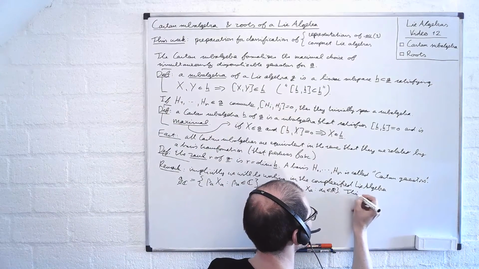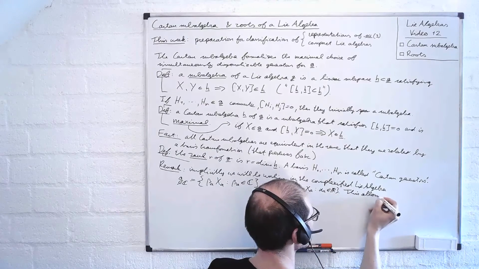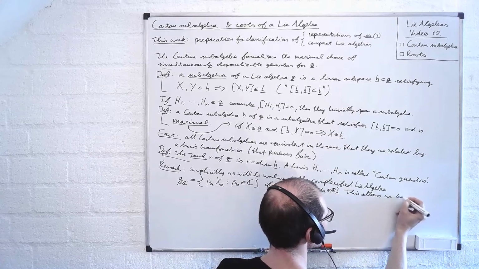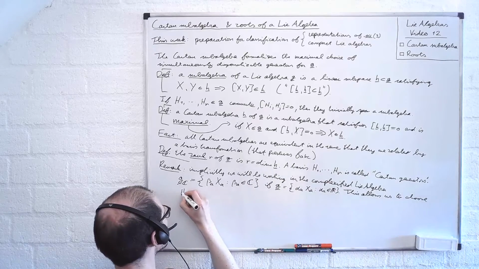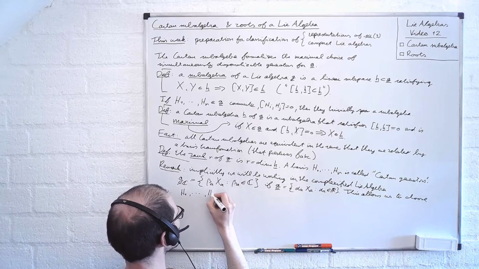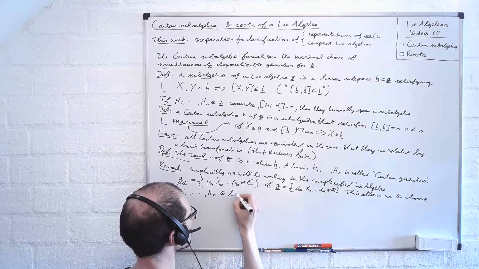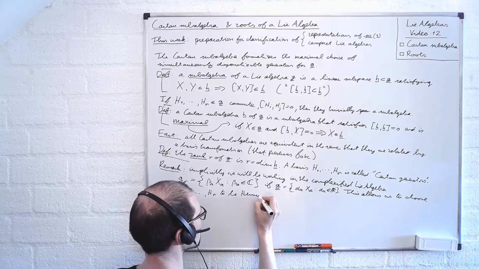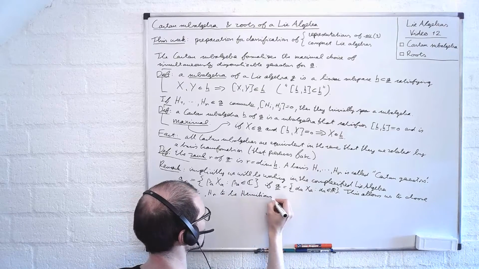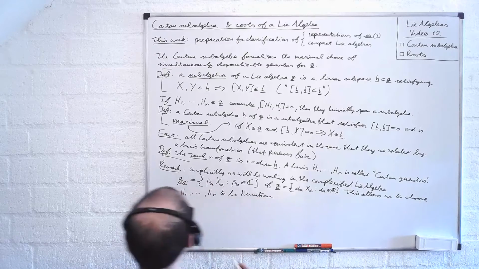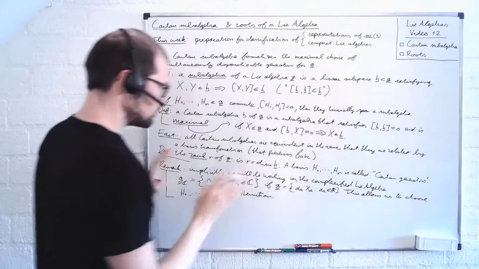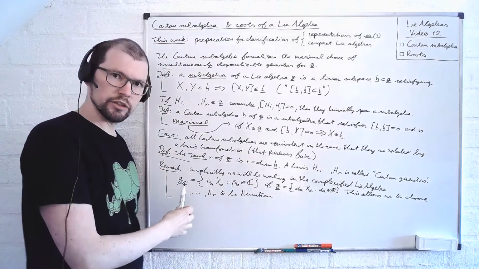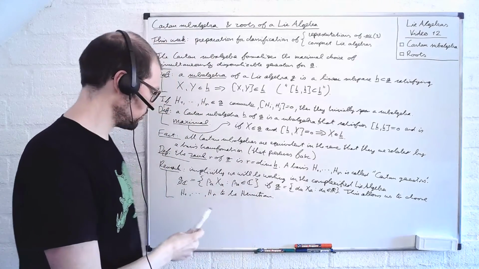This allows us to choose Cartan generators to be Hermitian. So I won't be mentioning this explicitly from now on anymore.